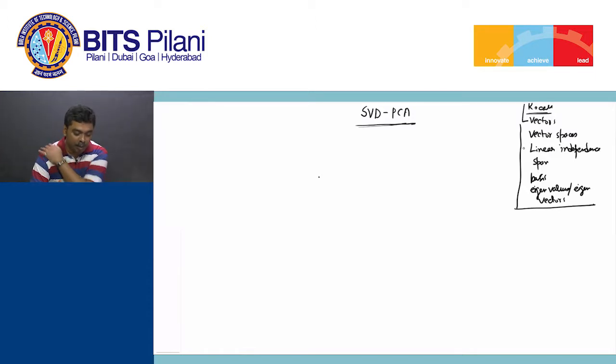Also, a set of orthogonal vectors is linearly independent, and eigenvectors corresponding to real and distinct eigenvalues are orthogonal. Transformations by orthogonal matrices are reflections and rotations. So I'll just write down one thing at a time.